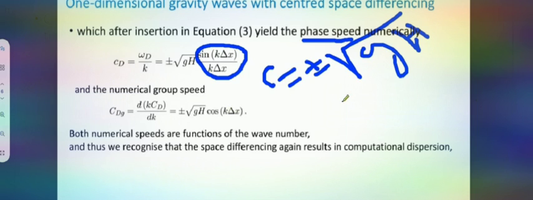The analytical phase speed was independent of K. However, here both phase speed and group speed become functions of K, the wave number. That is the drawback of the numerical scheme, and that will give you the computational dispersion. You will not get as accurate a solution as in the analytical solution.